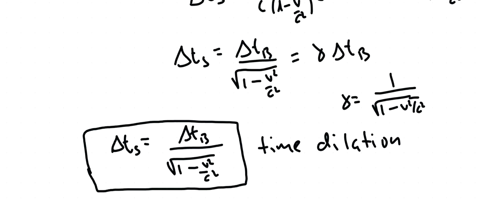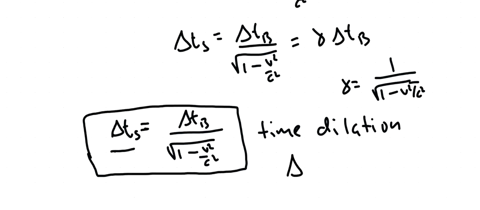Okay, so at least in this particular case, when we have these two reference frames, one moving with velocity v with respect to the other, we can relate time intervals between events with this equation. Delta TS is equal to delta TB divided by the square root of 1 minus V squared over C squared. Alternatively, we can write it as delta TS is equal to gamma delta TB.